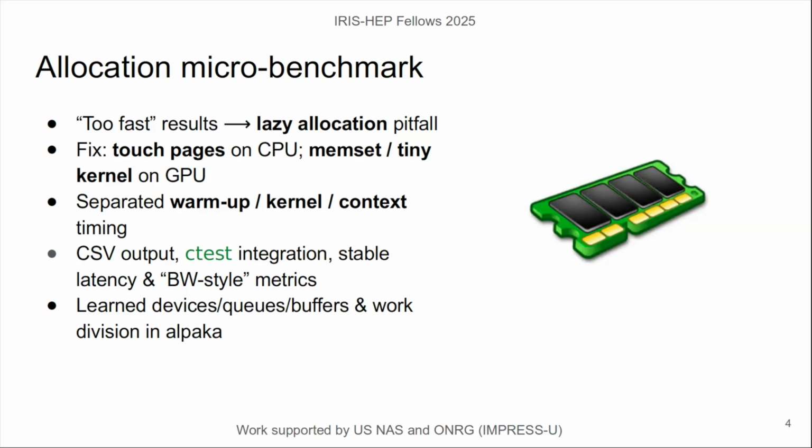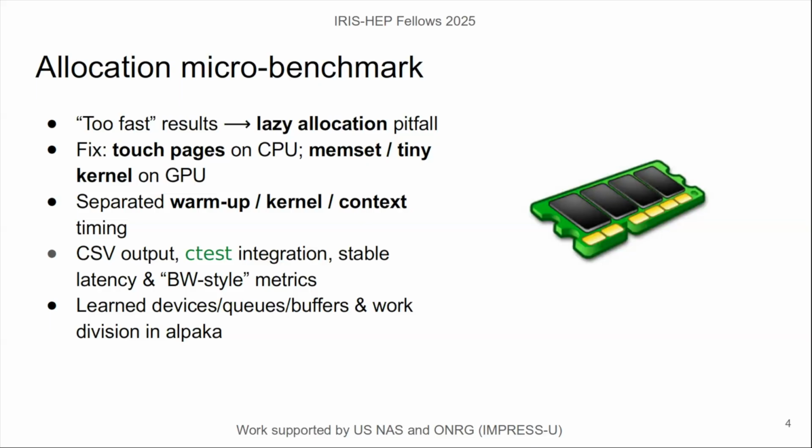If we time malloc or CUDA malloc without touching the data, we get misleadingly small numbers. To fix this, I used memset and touch memory from the Alpaka library, so we truly back the allocation with physical memory.